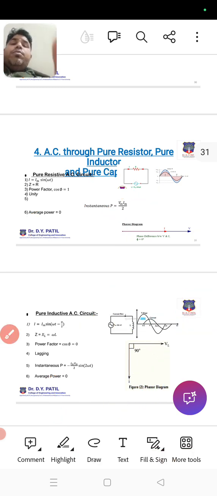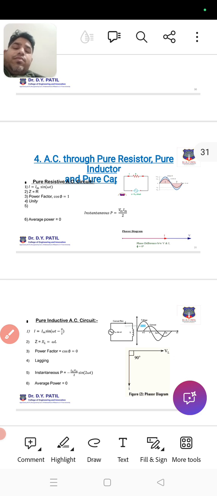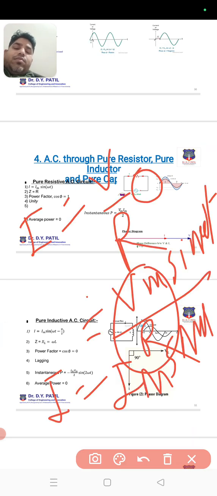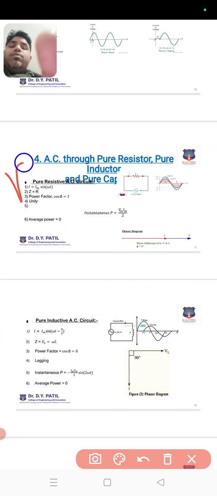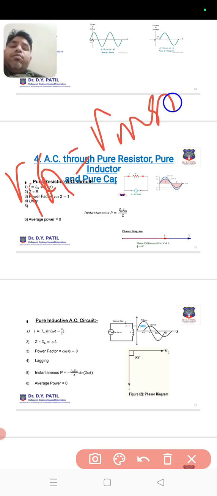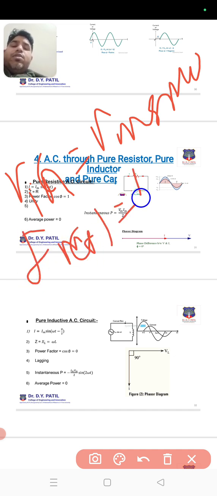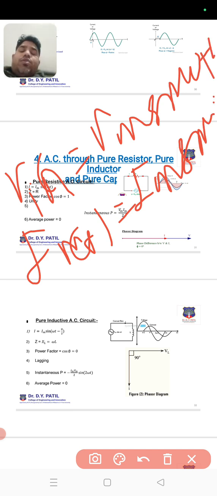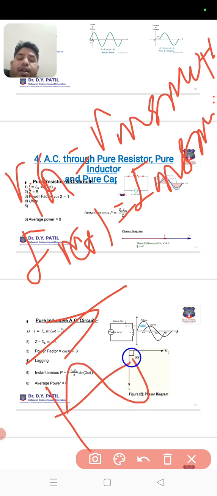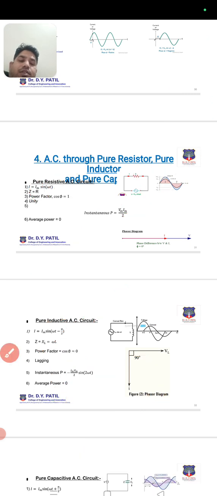So input is Vm sine of omega t, and output is I of t is equal to Im sine of omega t plus 0. The phase difference is 0, because of that we get the phasor diagram, and the waveform is like that, same start same end, because the phase difference is 0.